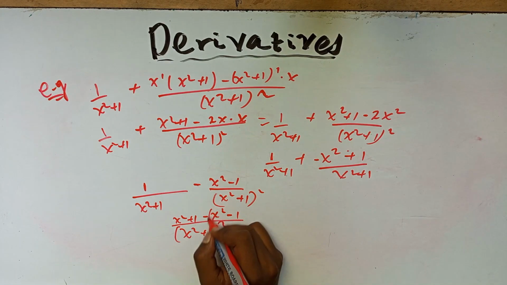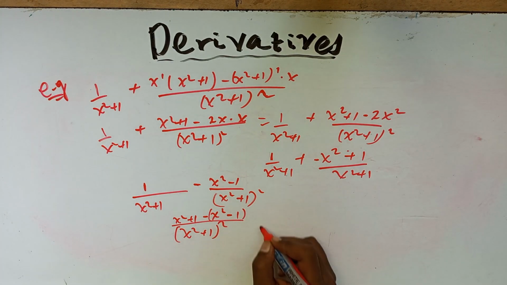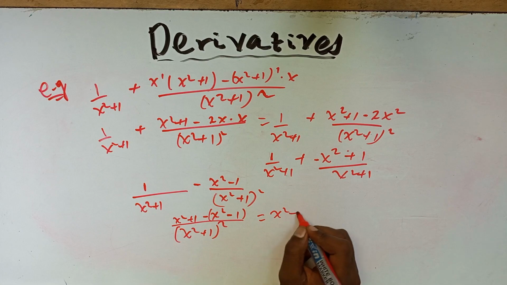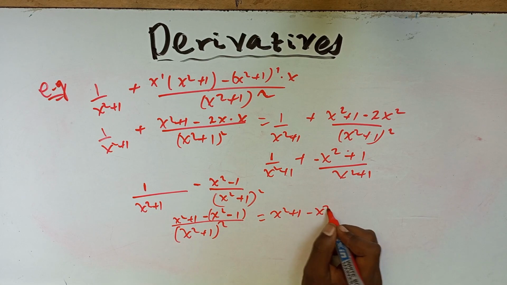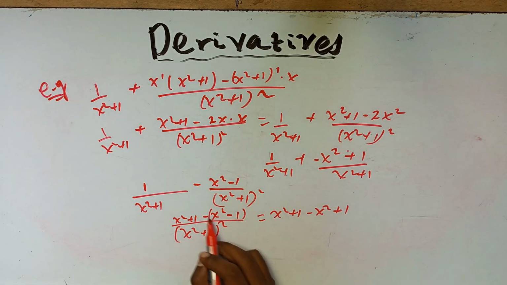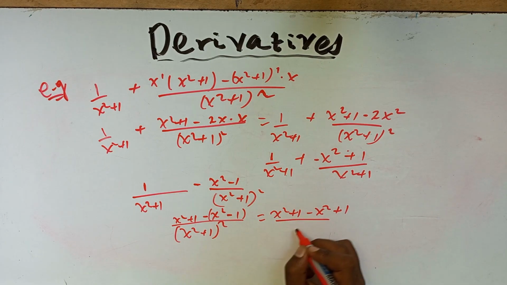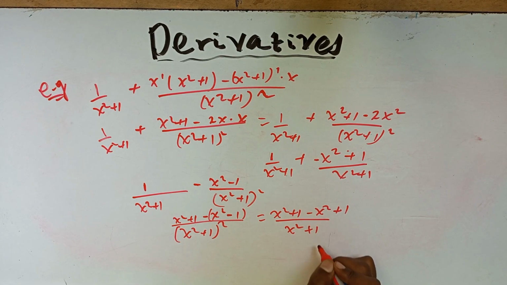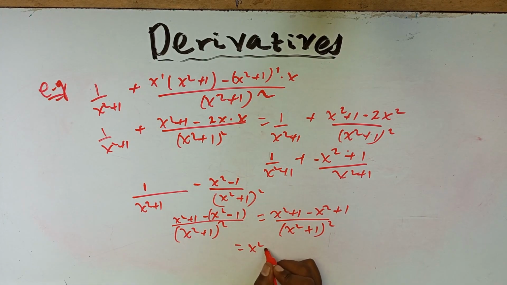So this is x square plus 1 minus x square plus 1, all over x square plus 1 the whole square. What's left is x square cancelled with x square, so it is 0 plus 1 plus 1, which is 2, over x square plus 1 the whole square. That is the final answer of this question.